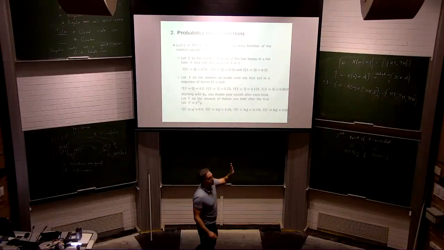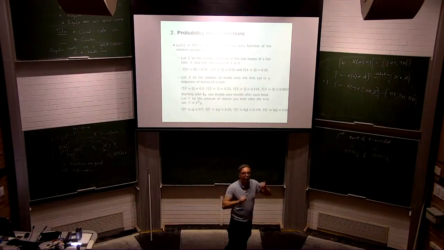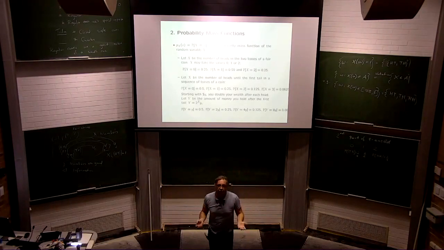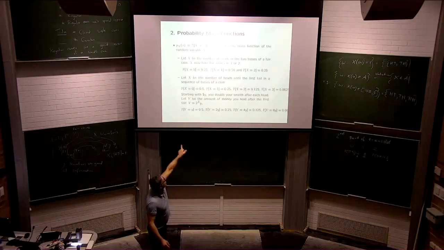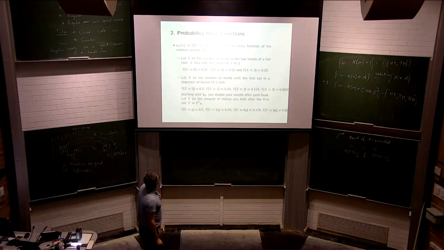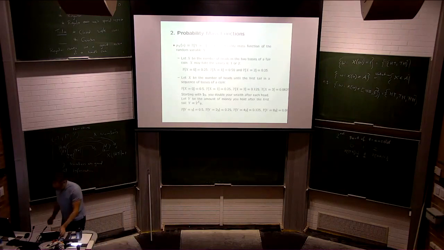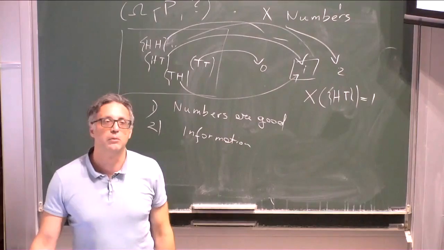In that case, that happens with probability 1/4 because it must be HT. Or HHT, that is with probability 1/8, and so forth. We will see this in detail. It's called geometric distribution. I don't care about the last one for the moment. Is this page, with the exclusion of the last one, clear?